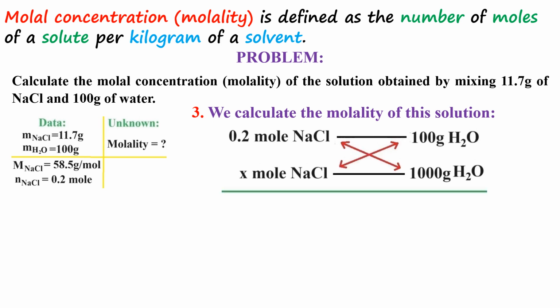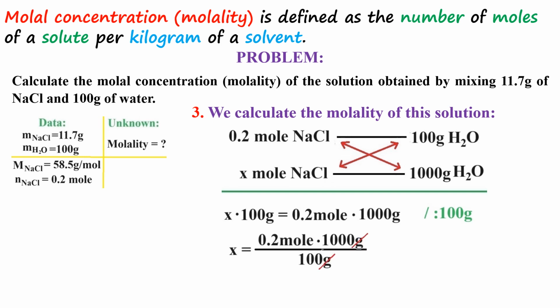We calculate x by cross multiplying this proportion. So 100 grams times x equals 0.2 mole times 1000 grams. To solve for x, we need to divide both sides by 100 grams. So it follows that x equals 0.2 mole times 1000 grams over 100 grams.